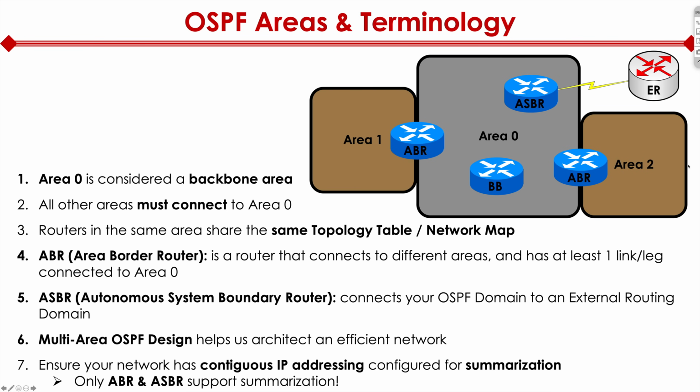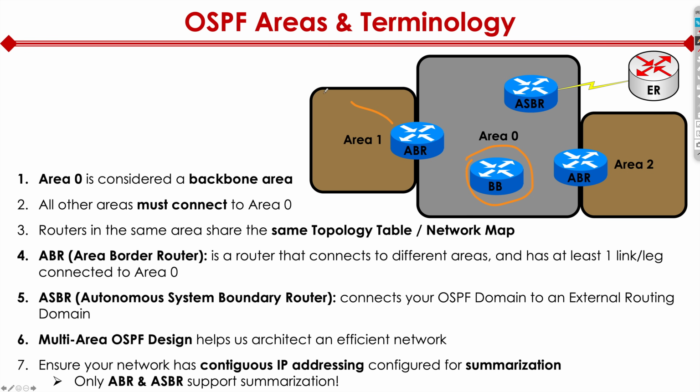And one key thing to keep in mind is in OSPF, only the area border router and the autonomous system boundary router are the ones that can do summarization. No other device can do summarization. So in other words, this guy cannot do summarization.